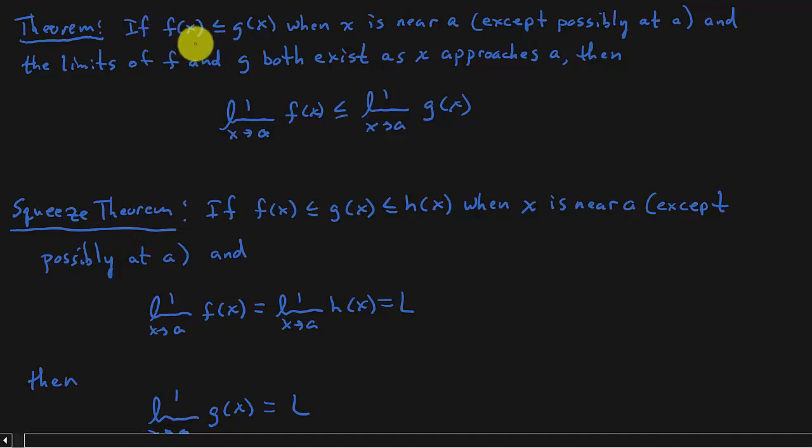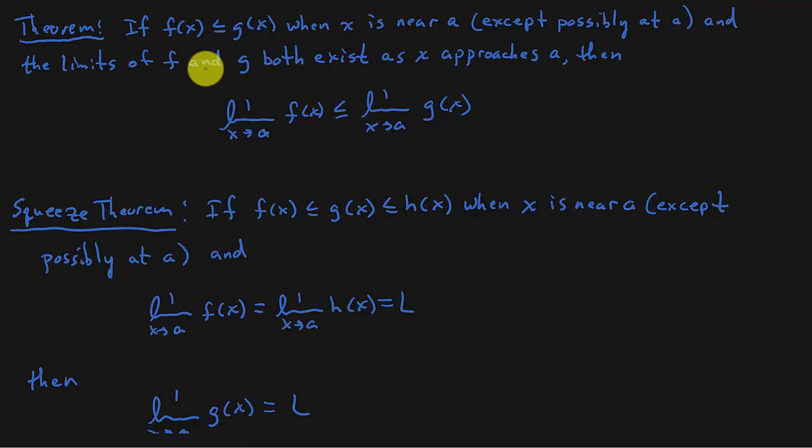So if f of x is less than or equal to g of x when x is near a, except possibly at a, okay, so that's saying that when we're close to an x value of a, the function f is going to be below the function g of x. Okay, the function f of x, those y values are going to be less than or equal to the y values of g of x.